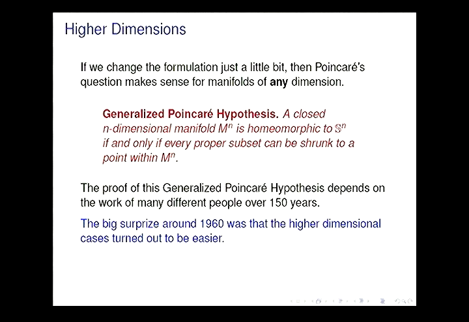And the big surprise, as I say, is that the three-dimensional case turned out to be the very worst. So Poincaré had started out by posing the hardest problem of this nature.